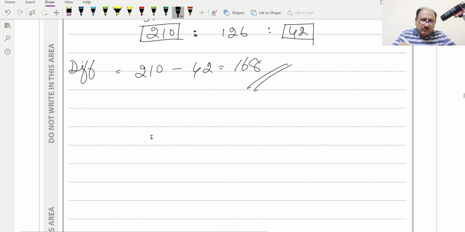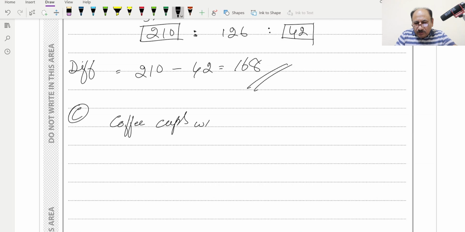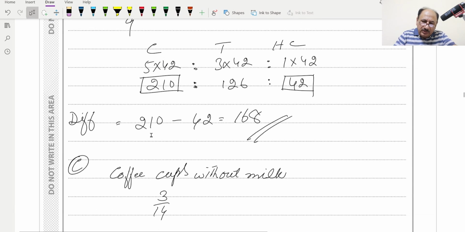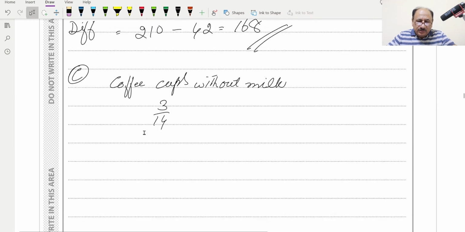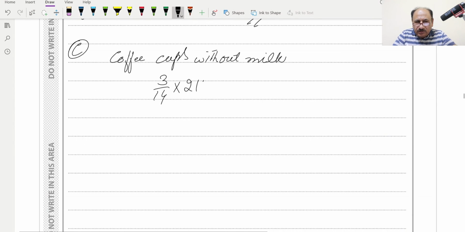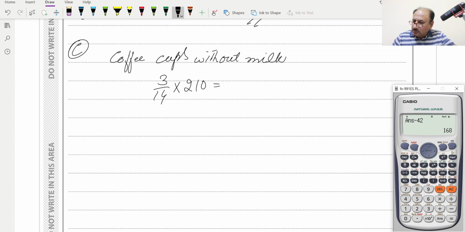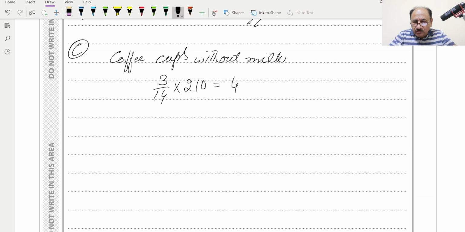So without milk will be 3 by 14 of the coffee cups, which is 210. So we will calculate 3 by 14 of 210. 3 over 14 multiplied by 210 is equal to 45. So this will be equal to 45 cups. This will be our answer.